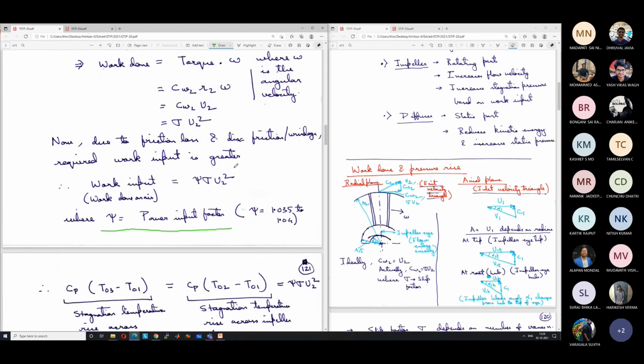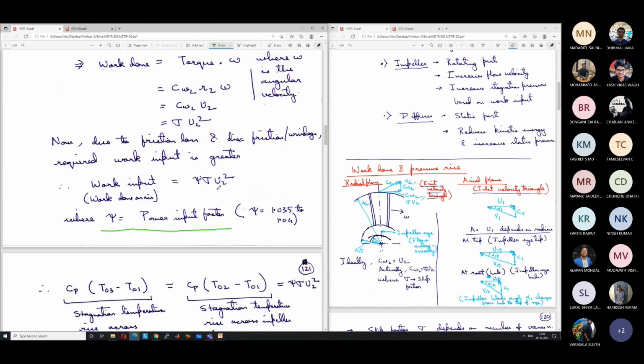This much specific work is being input to the compressor, because there is no other avenue of work input. Work input only occurs in the impeller because of the movement of the impeller by the shaft. In the diffuser, there is no work input. So the overall work input in the compressor is psi sigma U2 square.